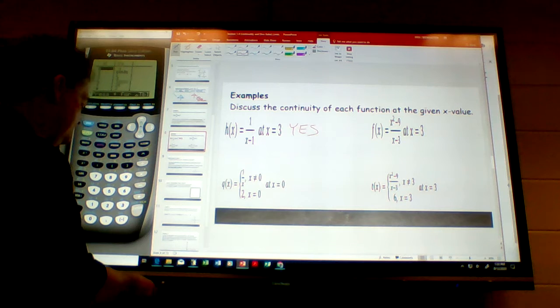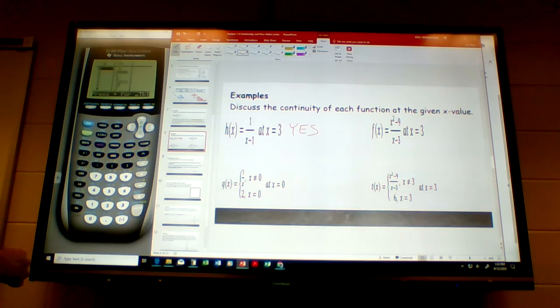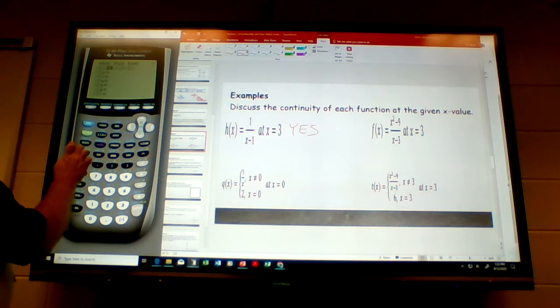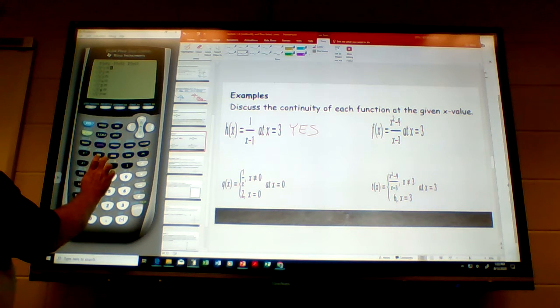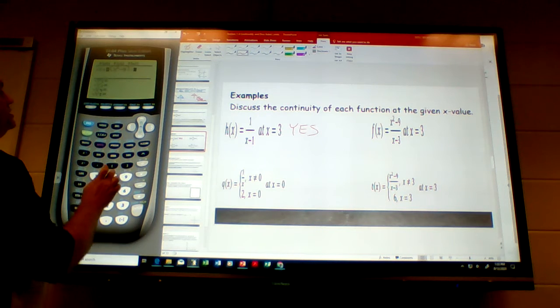All right, now let's go back to the original function that we had just a moment ago, and let's clear it out. And let's type in x squared minus 9. And you can do this on your calculator at home or wherever you're watching this.